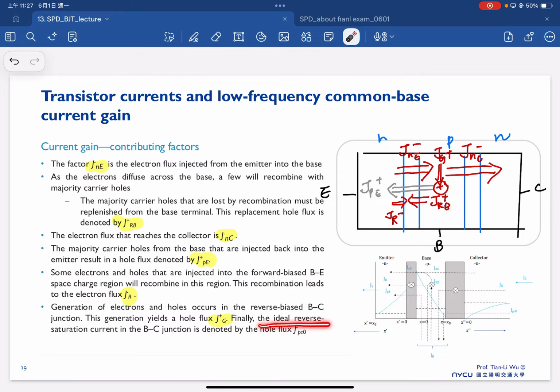Finally, the ideal reverse saturation current in the BC junction is denoted by JPC0.